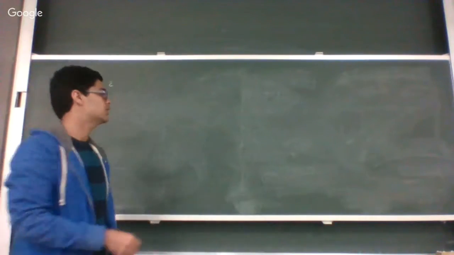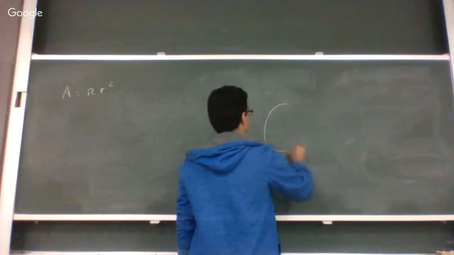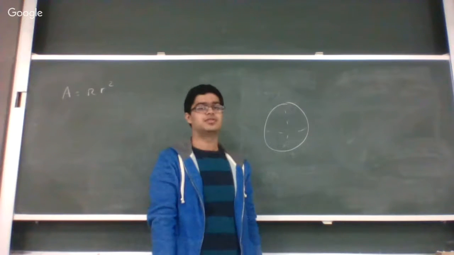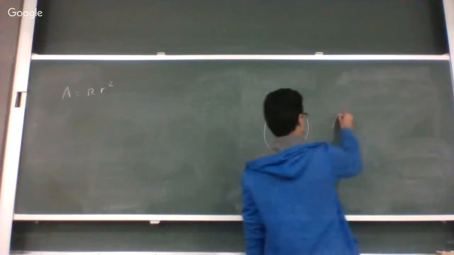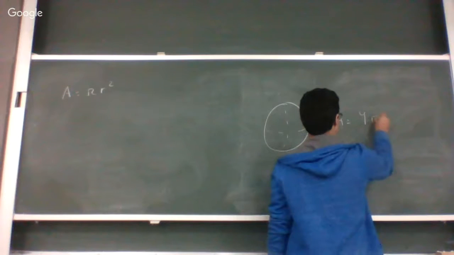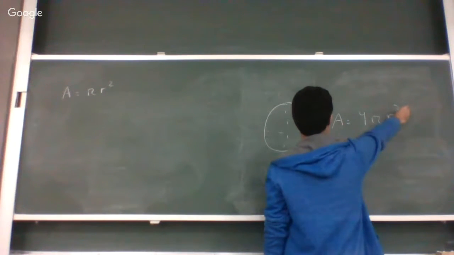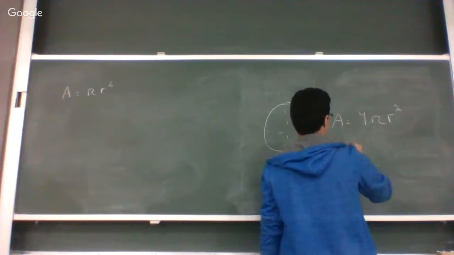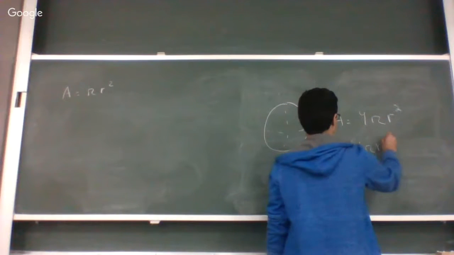If it is a sphere, what's the area of a sphere? The volume is 4/3 pi r cubed.